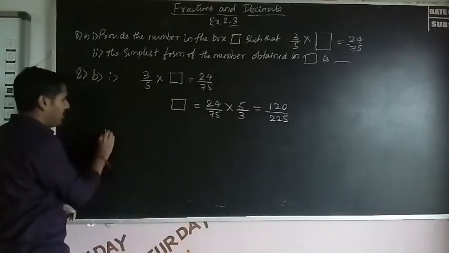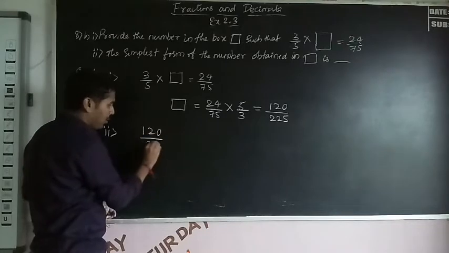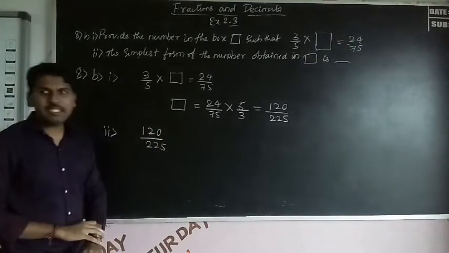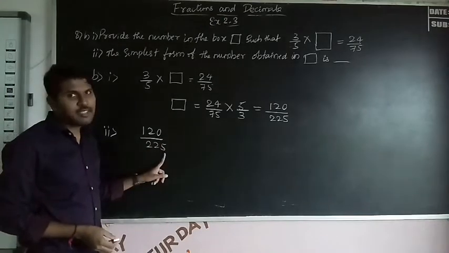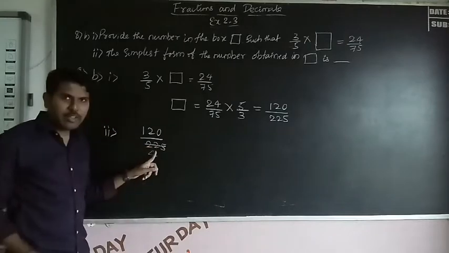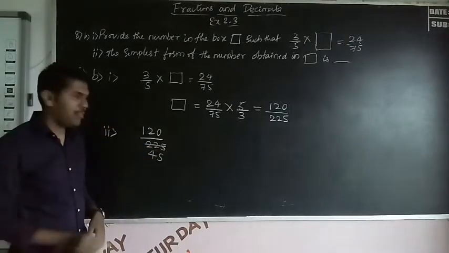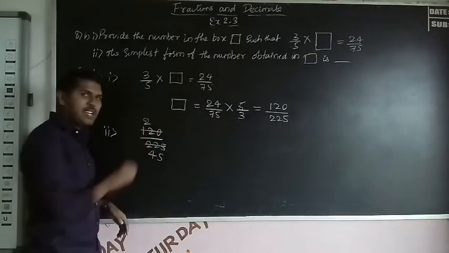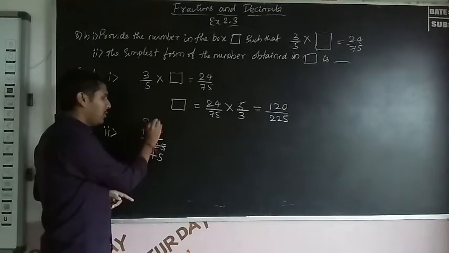And second one, they ask for the simplest form now. 120 by 225. Simplest form means directly cancel it. Here 0 is there, here 5 is there. That means it is divisible by 5 now. 5 4s are 20, 2 remains, 25. 5 5s are 25. Next, 5 2s are 10, 2 remains, 20. 5 4s are 20.